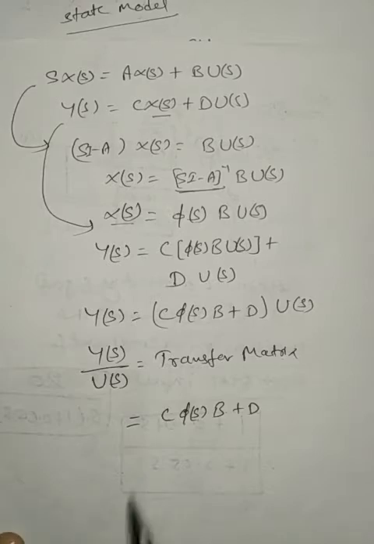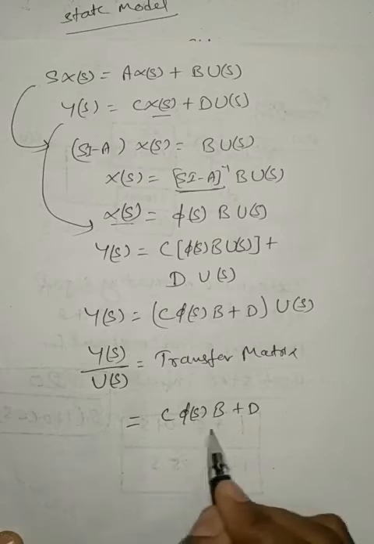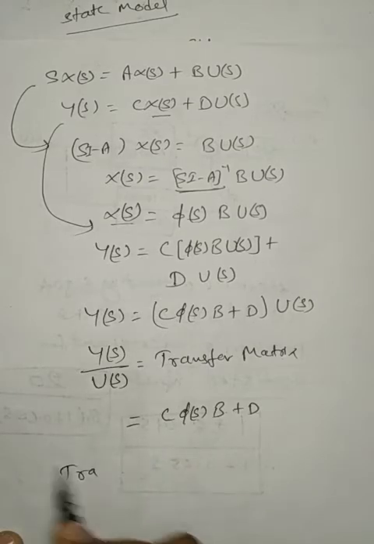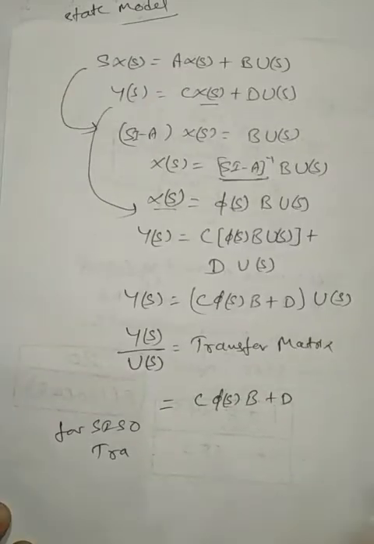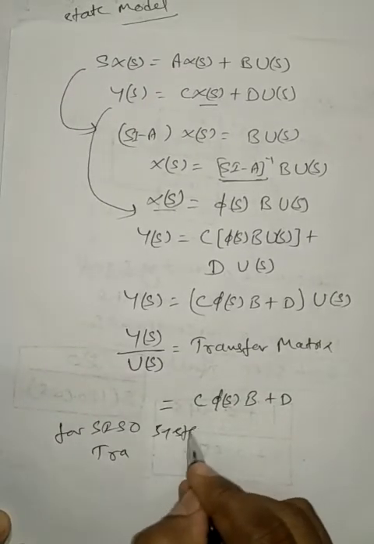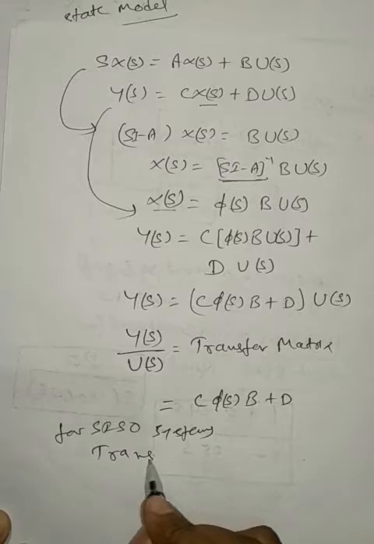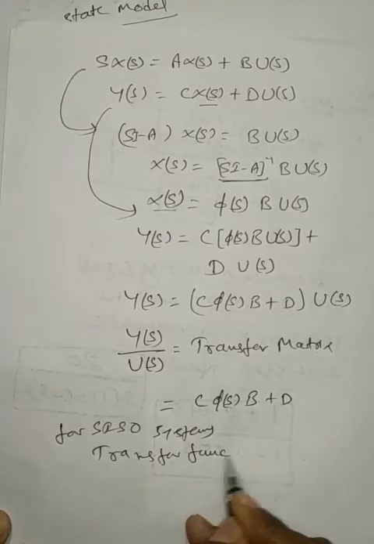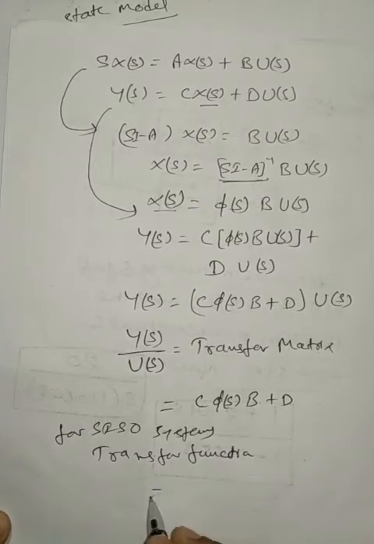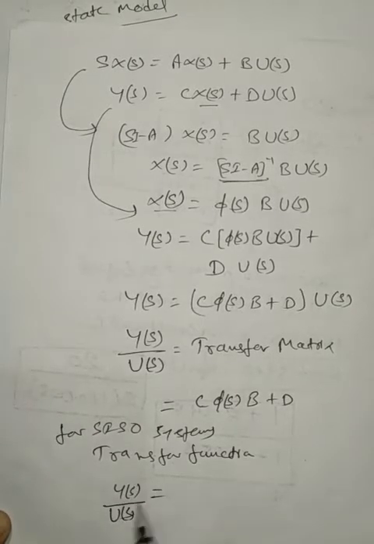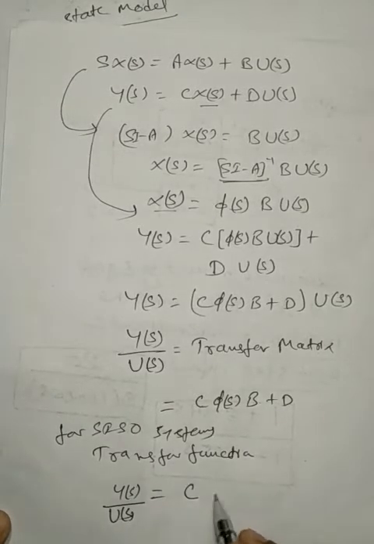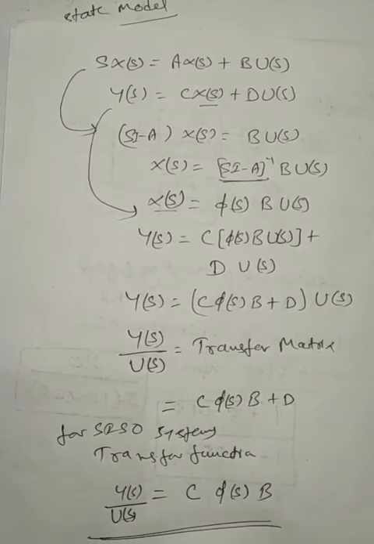For a single input single output system, what will be the transfer function? Y(s) over U(s) is equal to simply C phi(s) B, right?